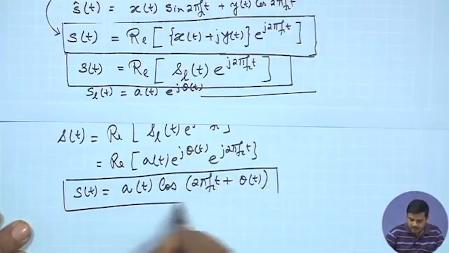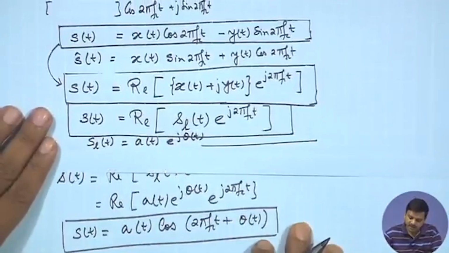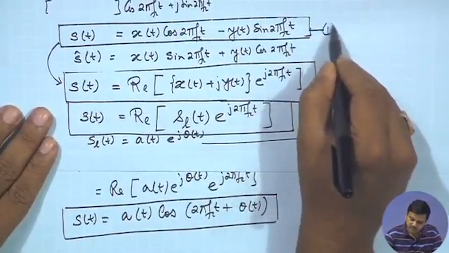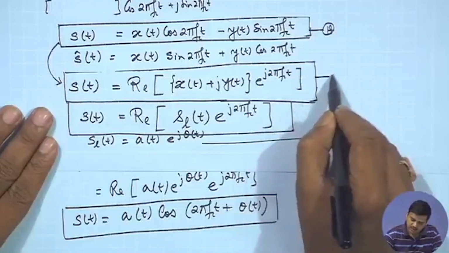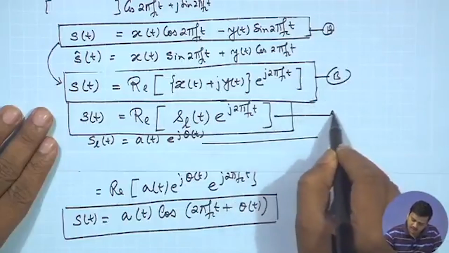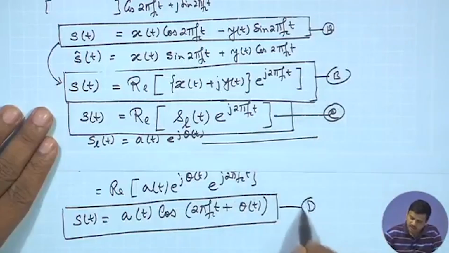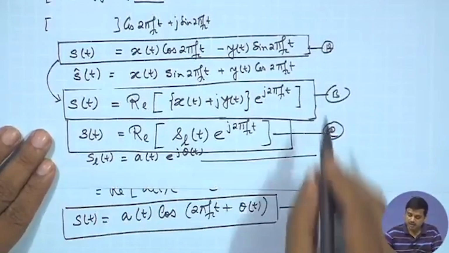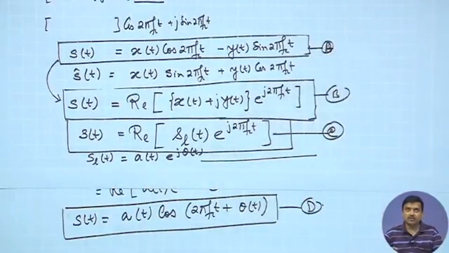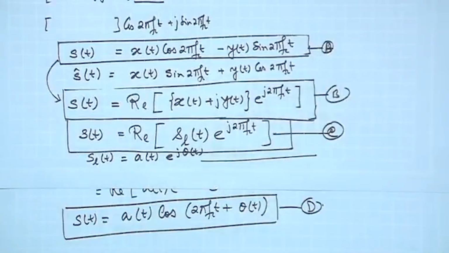So, these few expressions, which we can mark as A, B, C and D, are some of the important relationships that we require in representing the low pass equivalent form for a band pass signal.